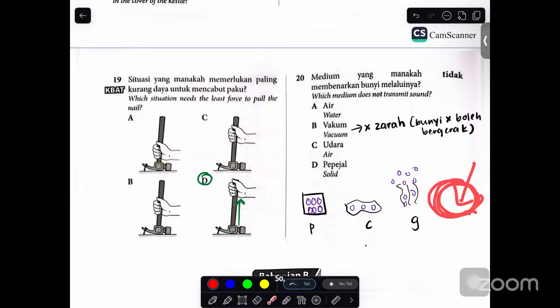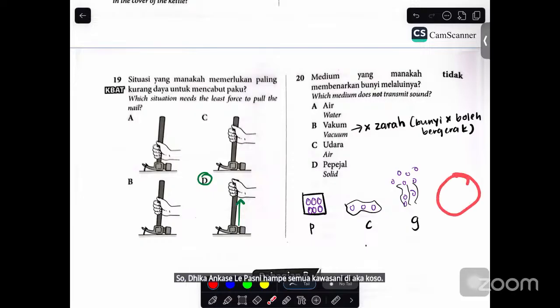So, dekat angkasa lepas ni, hampir semua kawasan ni dia kosong. Dia tak ada udara, dia tak ada apa-apa langsung. So, dalam keadaan ni, bunyi memang tak boleh travel. Sebab bunyi kena ada benda ni. Dia stick. Baru dia boleh travel. Kalau kosong, dia tak boleh travel. Faham? Understand?